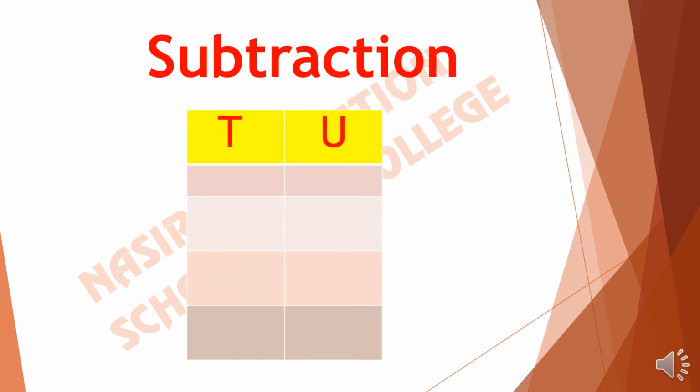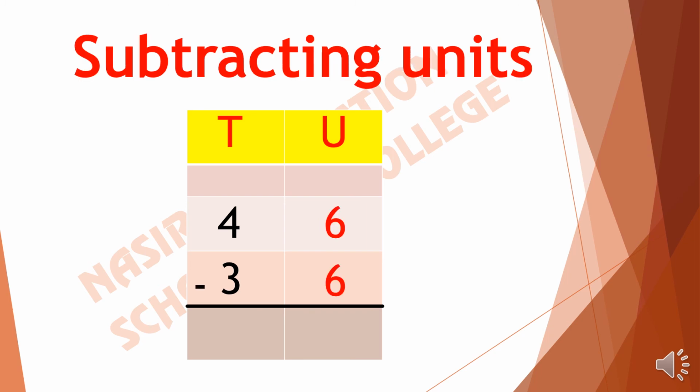In the chart, if we write these numbers, we will write 6 in units column and 4 in tens column. Whereas the second number, we will write 6 in units column and 3 in tens column, and we use the subtraction symbol.